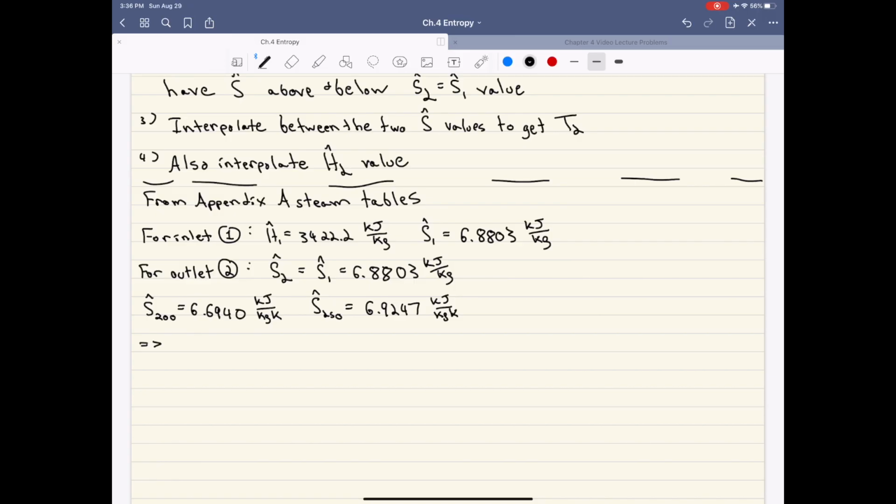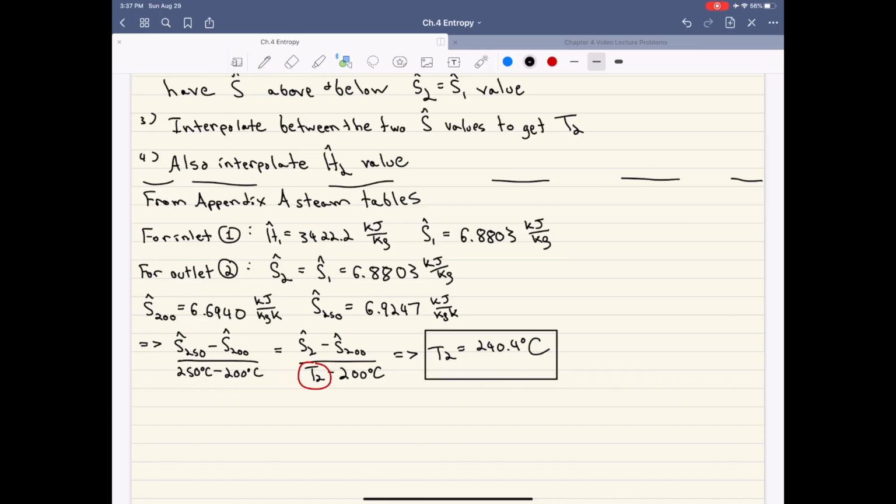We can interpolate between these two values. And the only unknown we have is T2. So if we solve for T2, we get 240.4 degrees Celsius. Alright, and so that is our temperature 2 value.